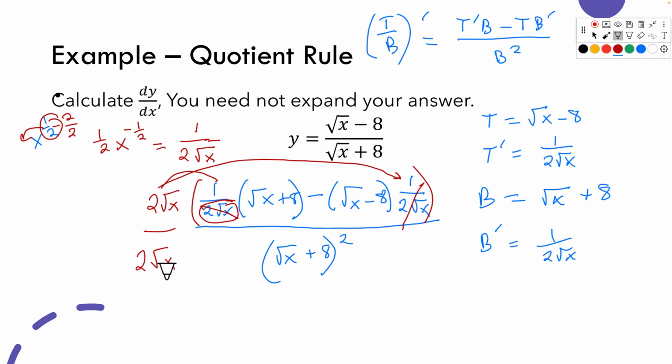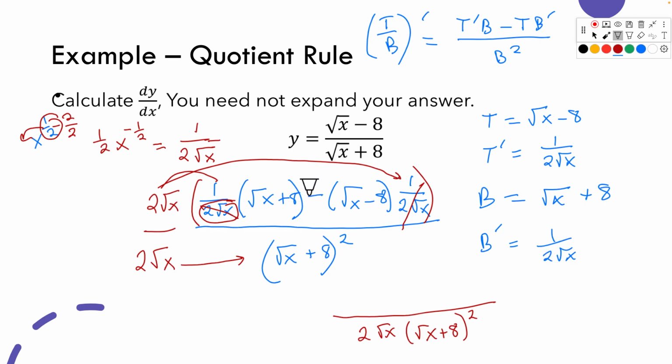But in the denominator, I multiply, and that's what I'm going to get. In the denominator, we have 2 square root of x plus 8 squared.